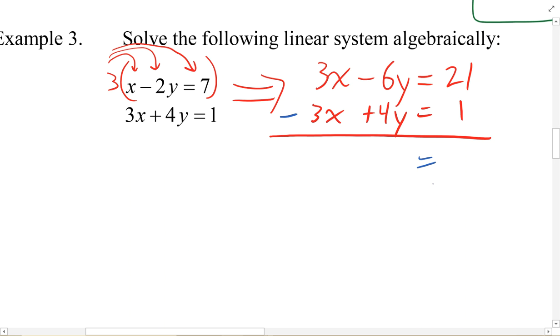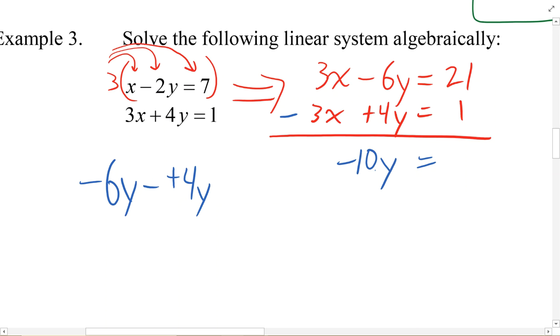What's the answer to the y's? Now remember, it's negative 6y minus positive 4y. What does that equal? Negative 10y. Okay.